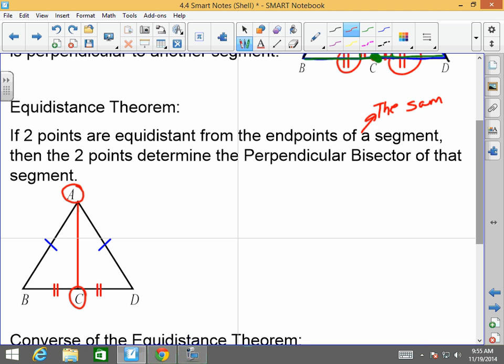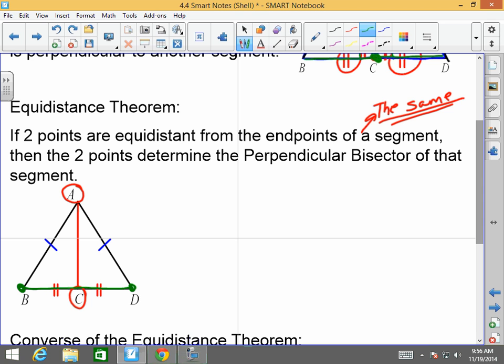That would make things a little bit clearer, I believe. So if 2 points, in this case A and C, are equidistant from the endpoints of the same segment, in this case that same segment is BD, then the 2 points determine the perpendicular bisector of that segment.